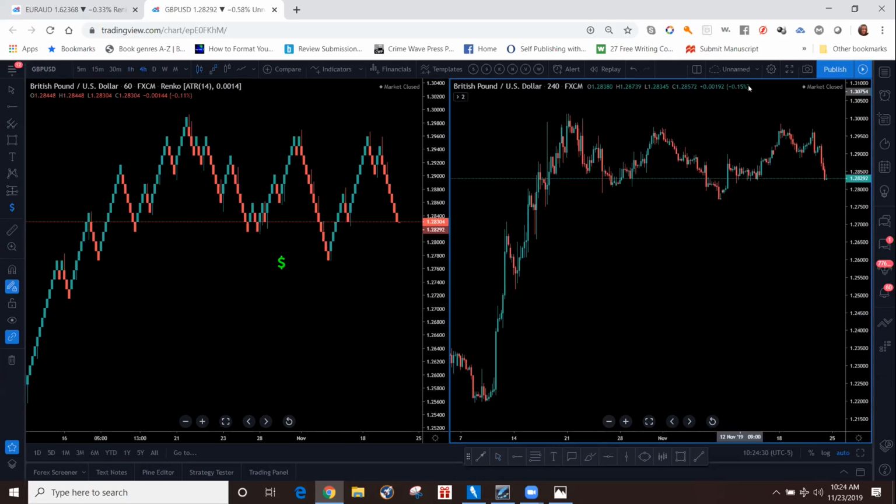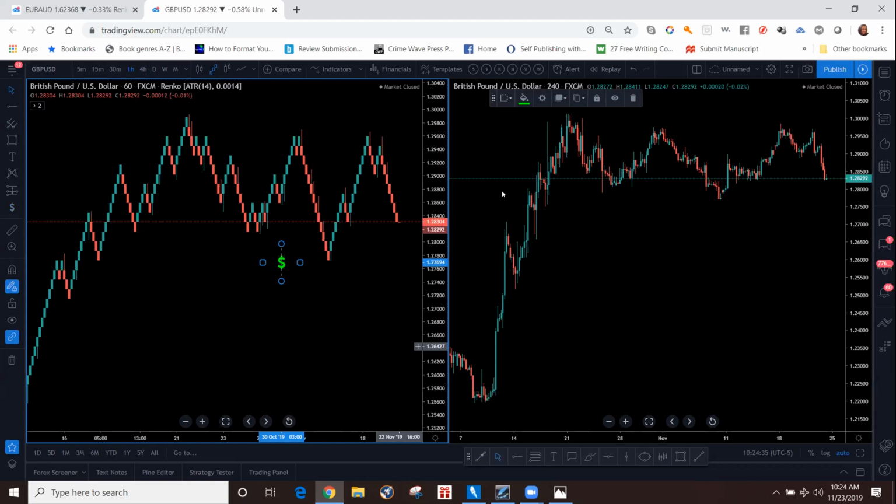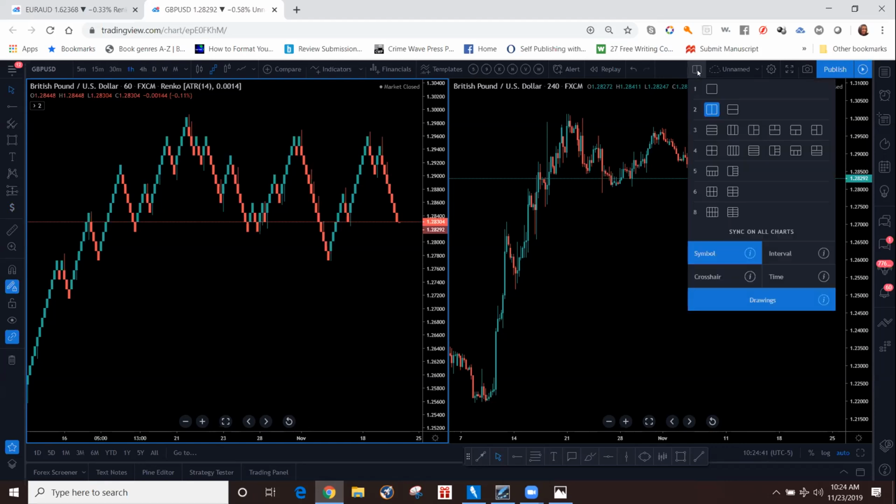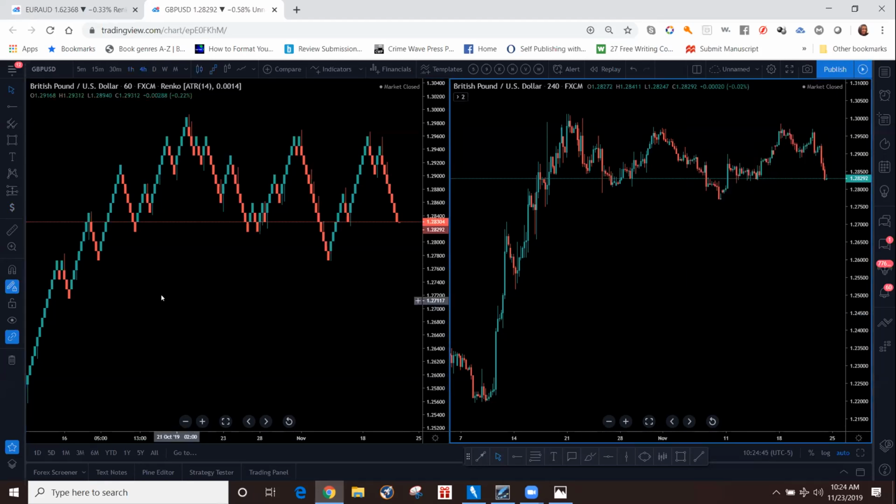So you sync drawing and time frames. Right. I must have turned it off. Yep. I don't sync time frames. No. Because remember, the Renkos and the candles are not on the same time frame. Okay, so you sync the symbols. Yeah, and the drawings and the symbols.